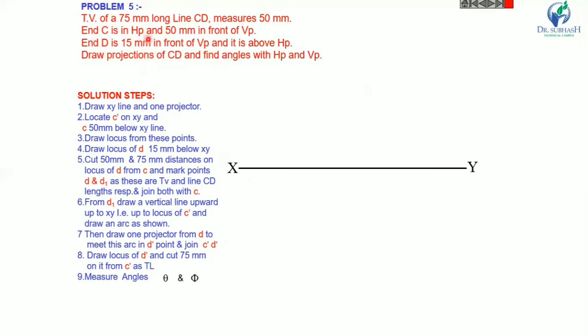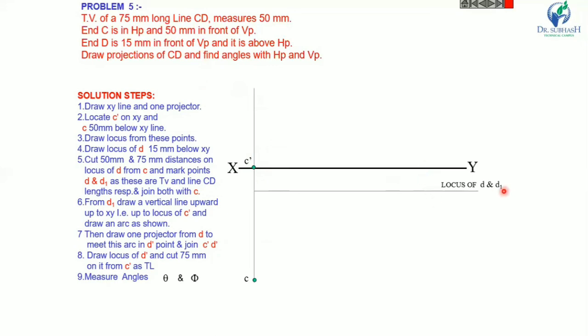Point C is in HP. So here C dash is on XY line and 50 mm in front of VP. That means C is 50 mm below XY line. Now from XY at a distance of 15 mm, because point D is 15 mm in front of VP, that means D is below XY and it is above HP.